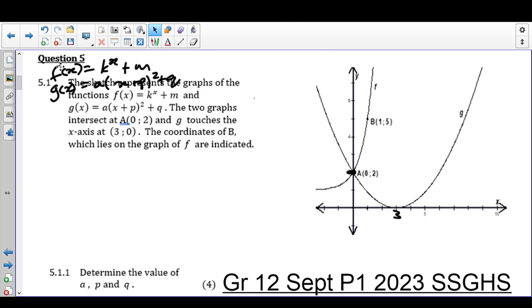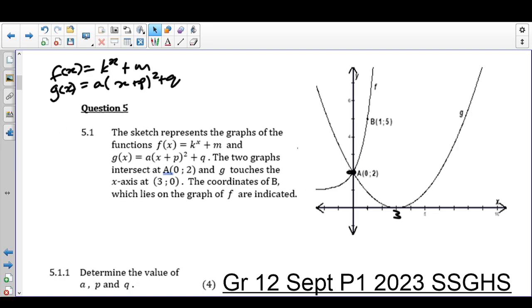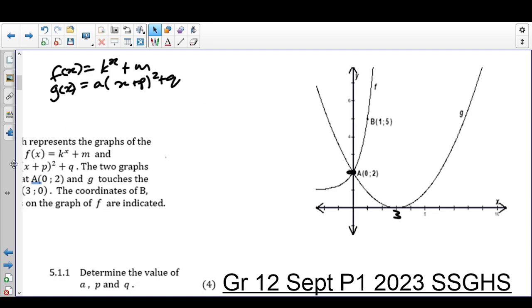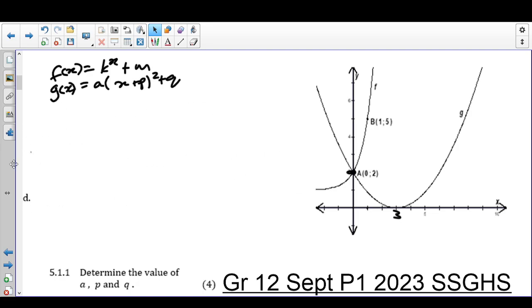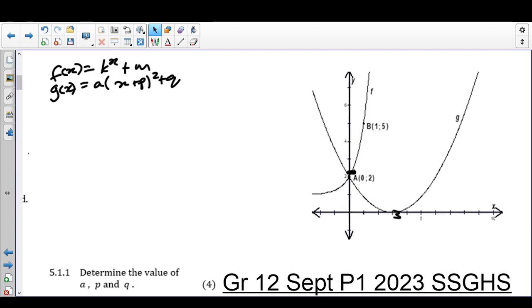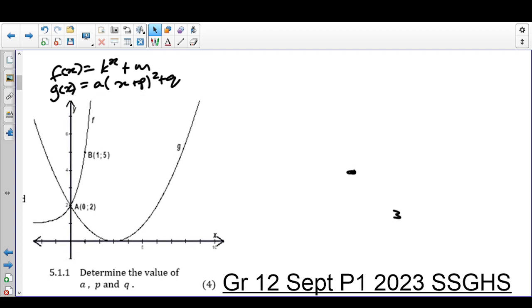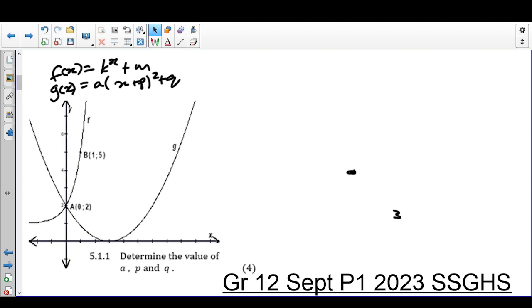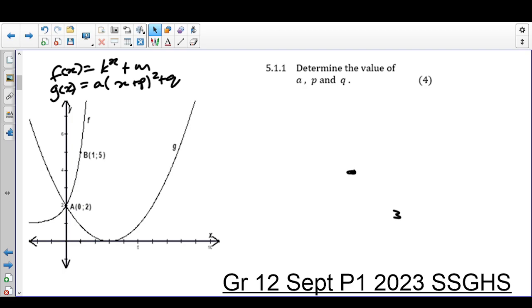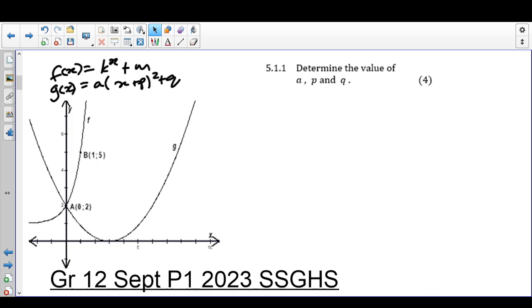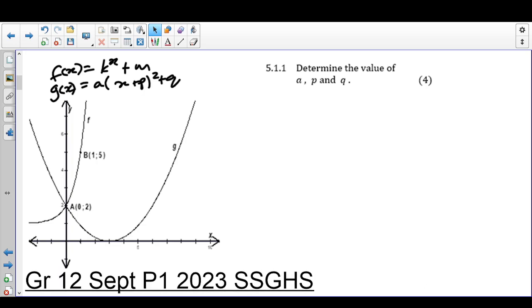Right, first question. The question says, determine the values of a, p, and q.